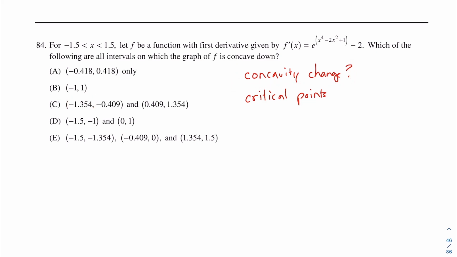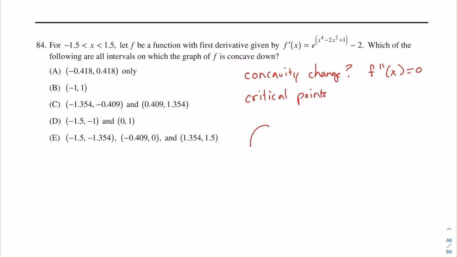If we're looking for these boundaries where it's concave down, we need to know when it starts and where it ends. So that occurs when concavity changes. And we know that concavity changes at inflection points, which is when the second derivative of f is equal to 0. And we care about critical points because the critical points are minima or maxima.